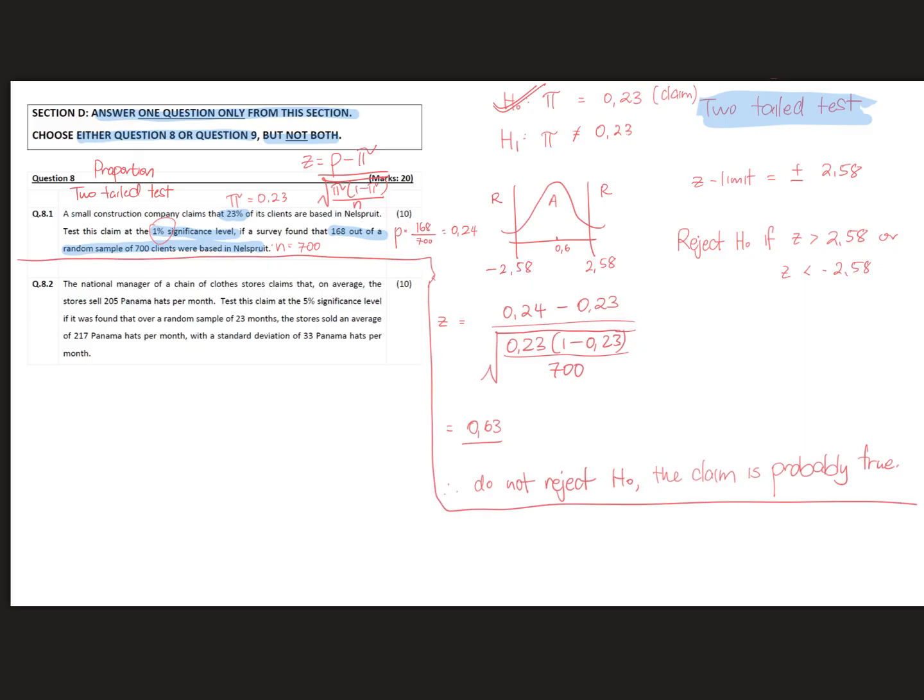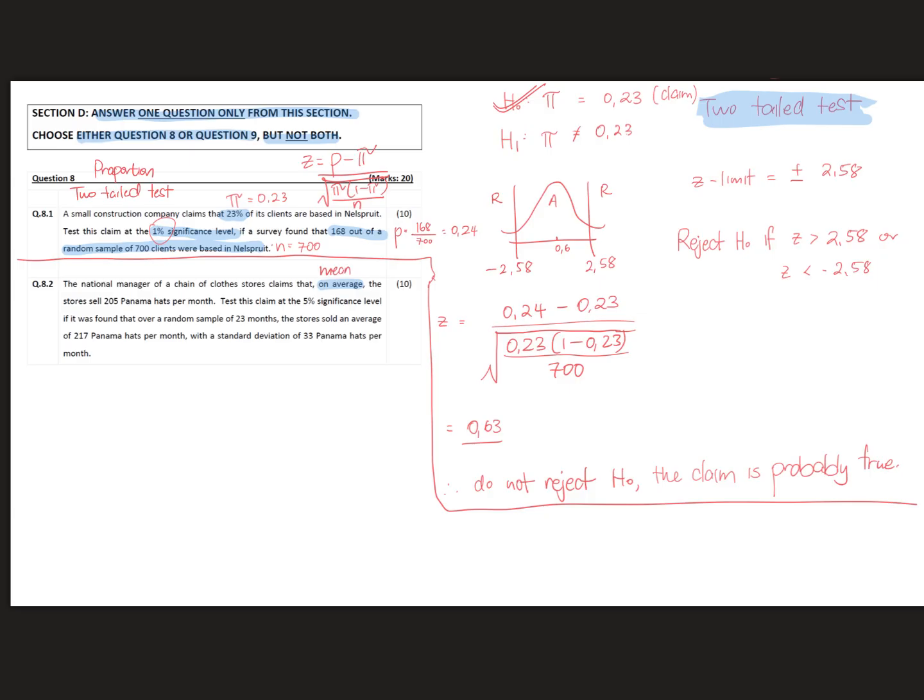Okay, so question 8.2 says, the national manager of a chain of clothes stores claims that on average, now firstly, the word average has been given here, which immediately says to you, you are working with a mean, not a proportion.